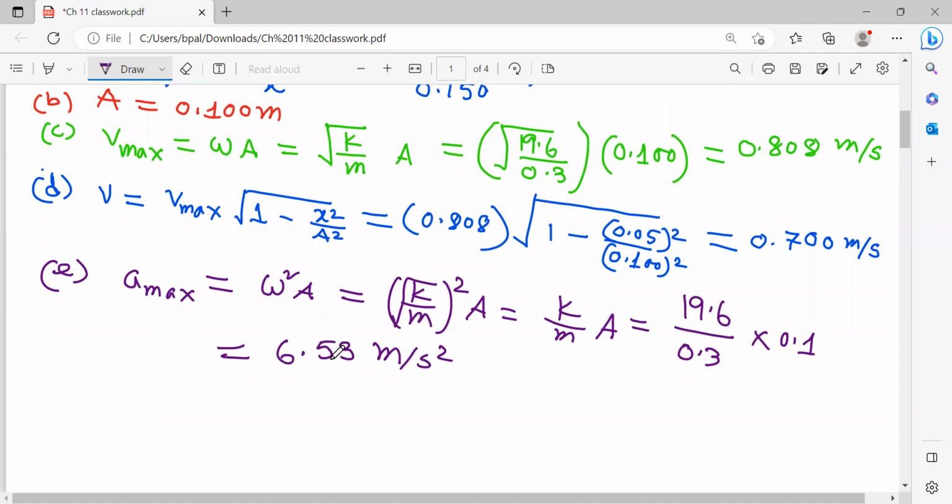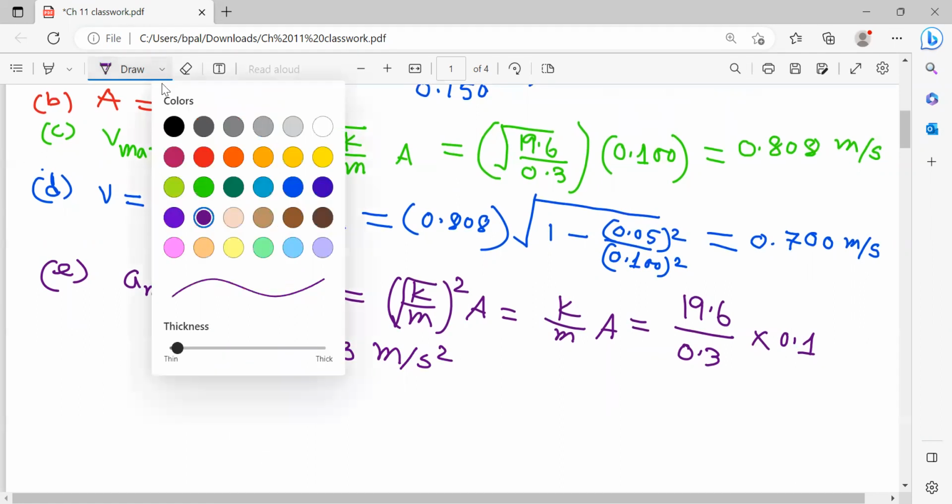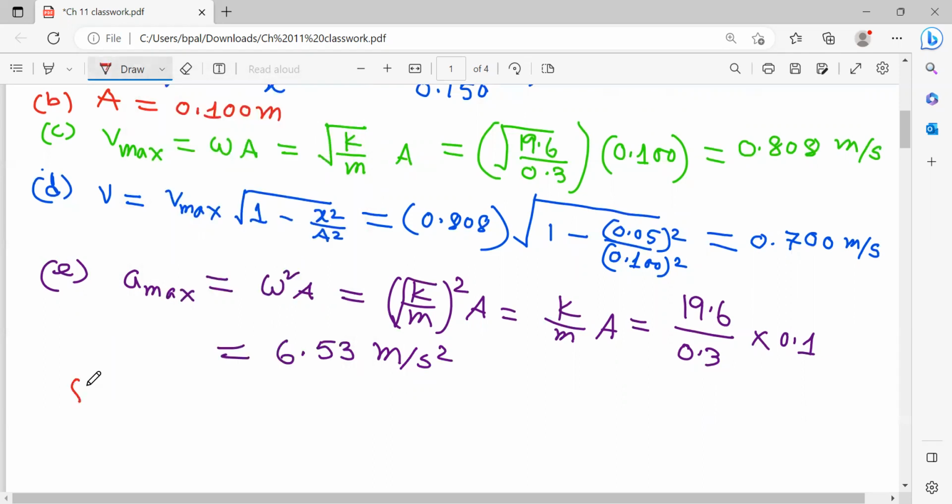All right. Two more questions, the total energy and the energy at half amplitude. F is the total energy.